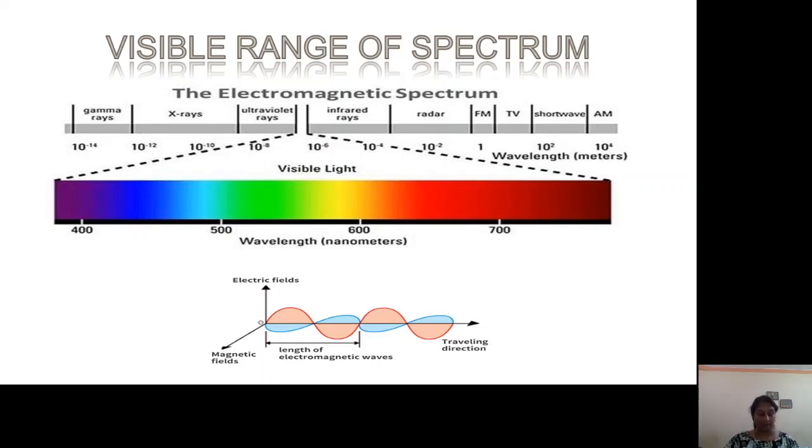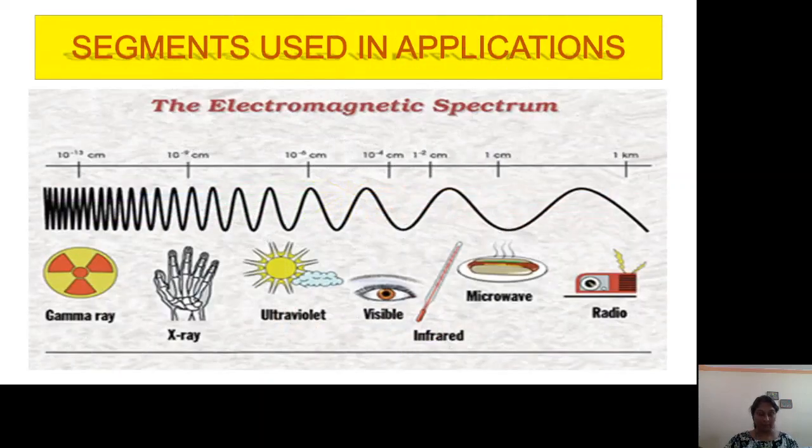By varying wavelength and frequency in an electromagnetic wave, we can exploit it to get different radiation, which forms the electromagnetic spectrum. Spectrum means a range of frequencies.